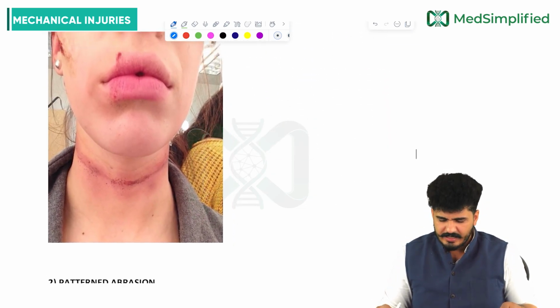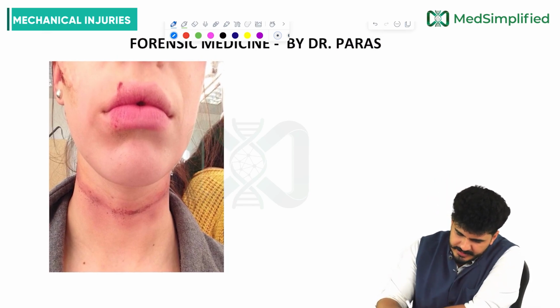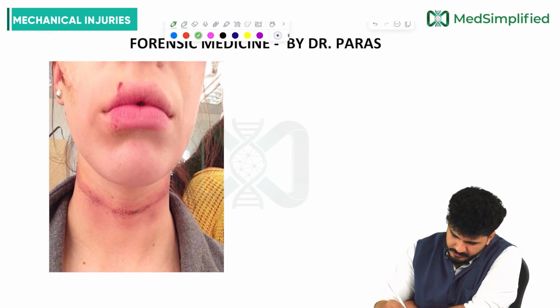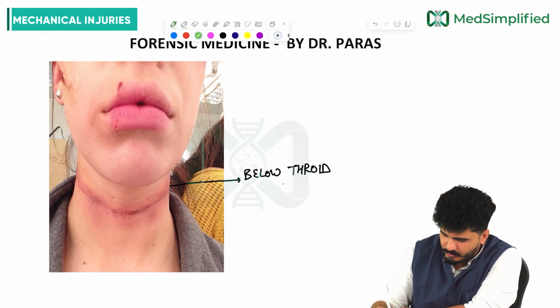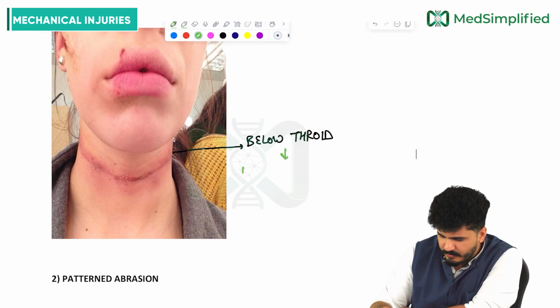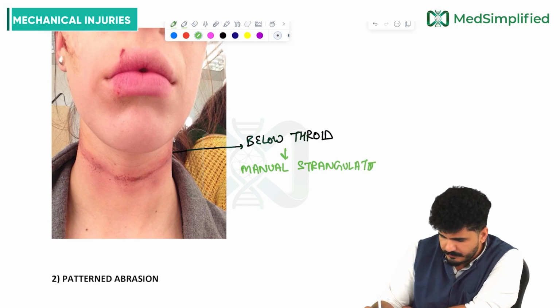You can very well see this ligature mark is below the thyroid. That means below the thyroid, manual strangulation has happened.